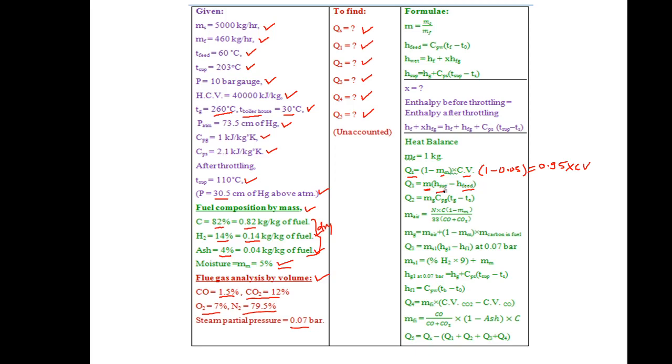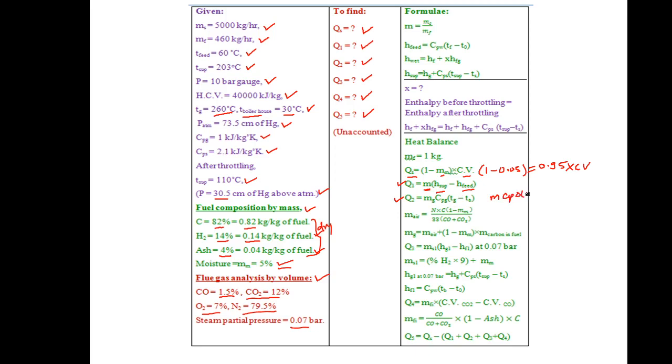That difference gives us the amount of heat added per kg of steam in the boiler. Multiplied by the mass of steam generated, it gives the amount of heat absorbed by water to convert it into steam. Then Q2 is the amount of heat carried by hot gases into the atmosphere. That is nothing but m Cp delta T.